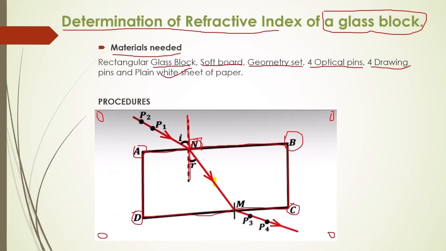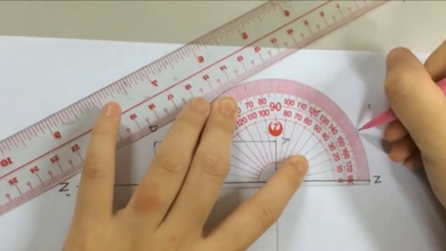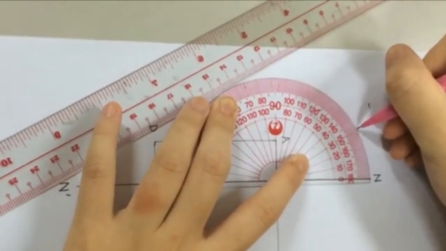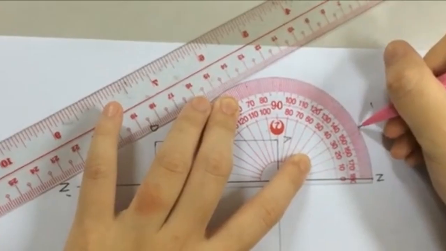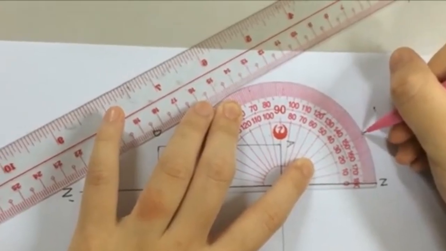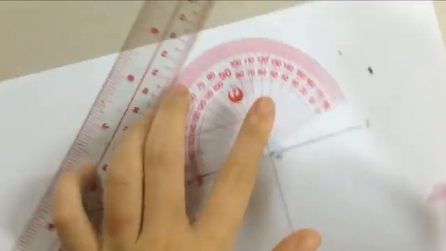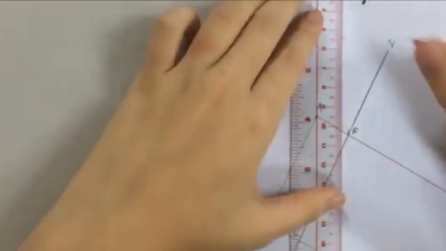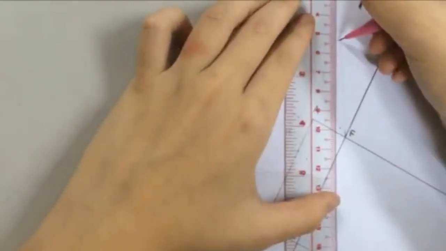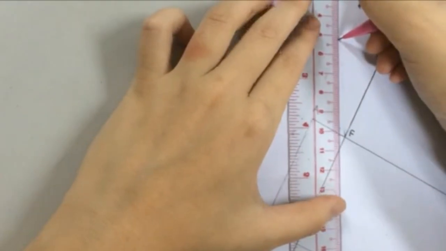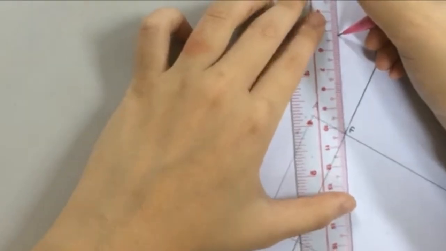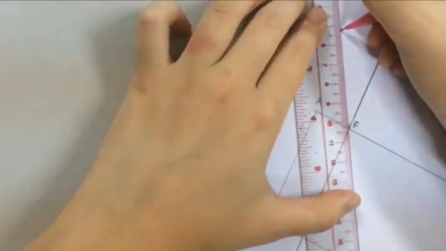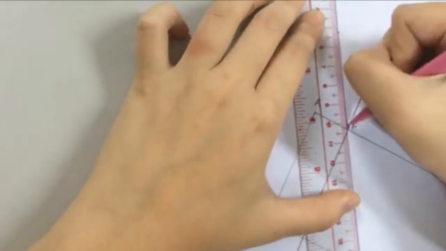Then, using your protractor, you measure the angle from the normal, calling this angle i. You measure angle i to be, say, 20 degrees from the normal. Then you draw a line at that angle, and this line will act as the incident ray.